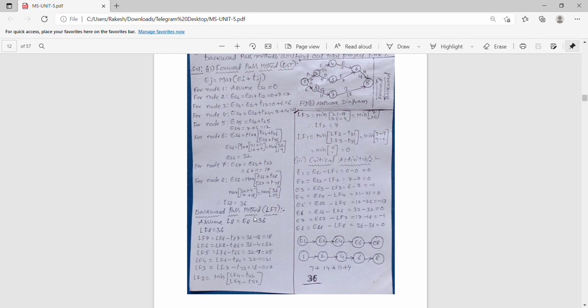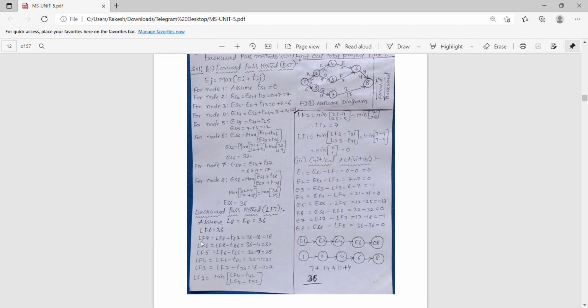The backward pass method is the latest finish time. Assuming the last node position is 36, whatever the forward pass ending is the starting of the backward pass method, that is ls8. Here also we take l8 equals e8 equals 36. Next, l8 means the latest finish time of 8 equals 36.